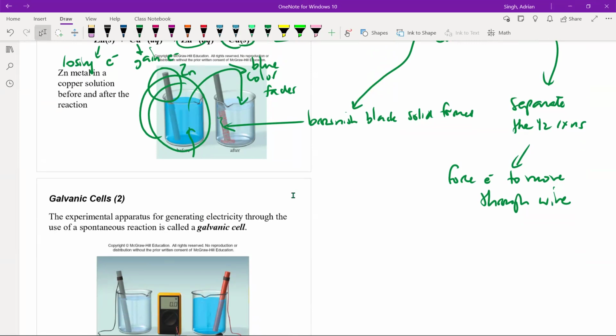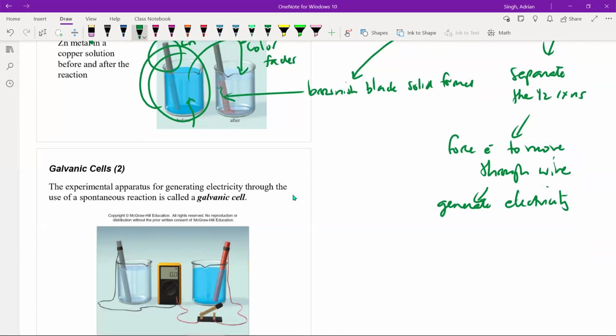So when we generate electricity through a spontaneous reaction, what we have just made is something that we call a galvanic cell. And a galvanic cell is just a setup for generating electricity through a spontaneous reaction.